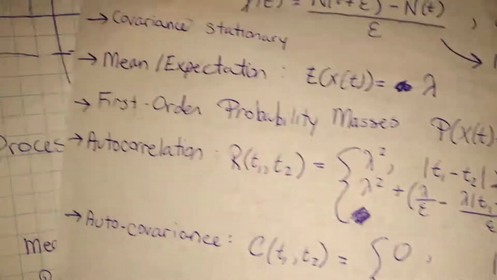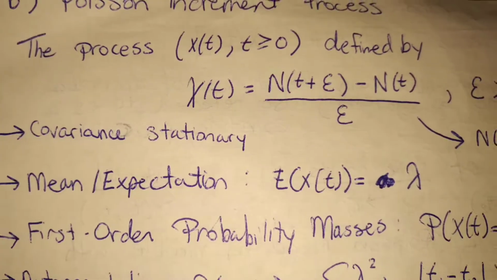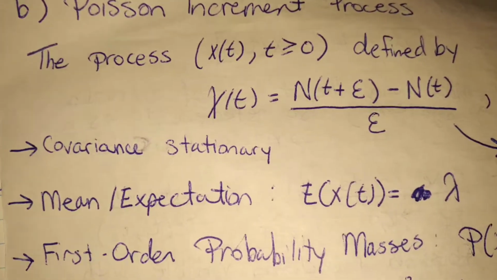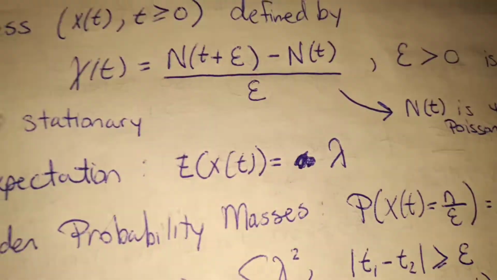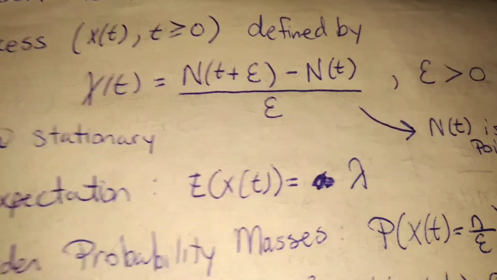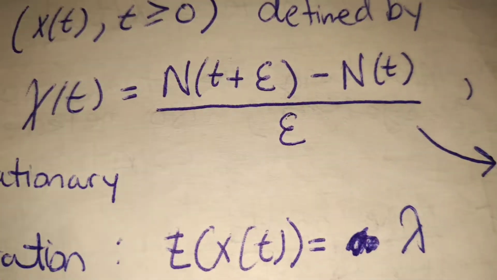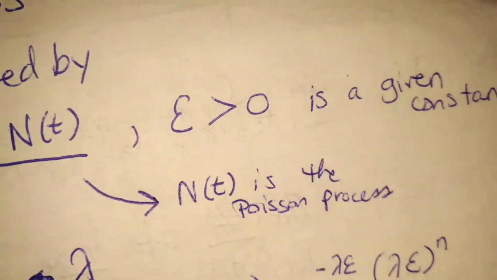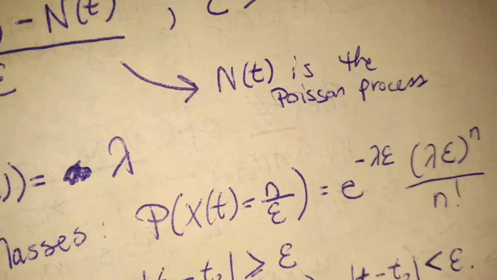The next process is the Poisson increment process. I also denote it x of t for t greater or equal to 0, and it's defined by x of t equal to n of t plus epsilon minus n of t, over epsilon, where epsilon is always positive and a given constant.